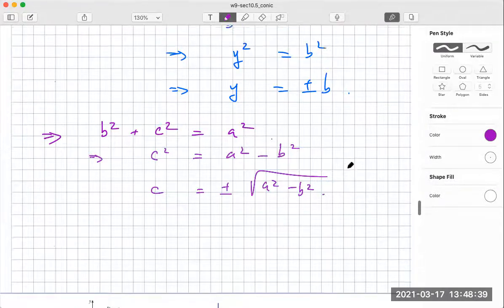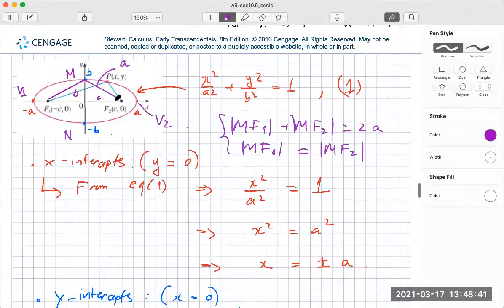And let us summarize the important things we need to remember about an ellipse. First thing, what is it?